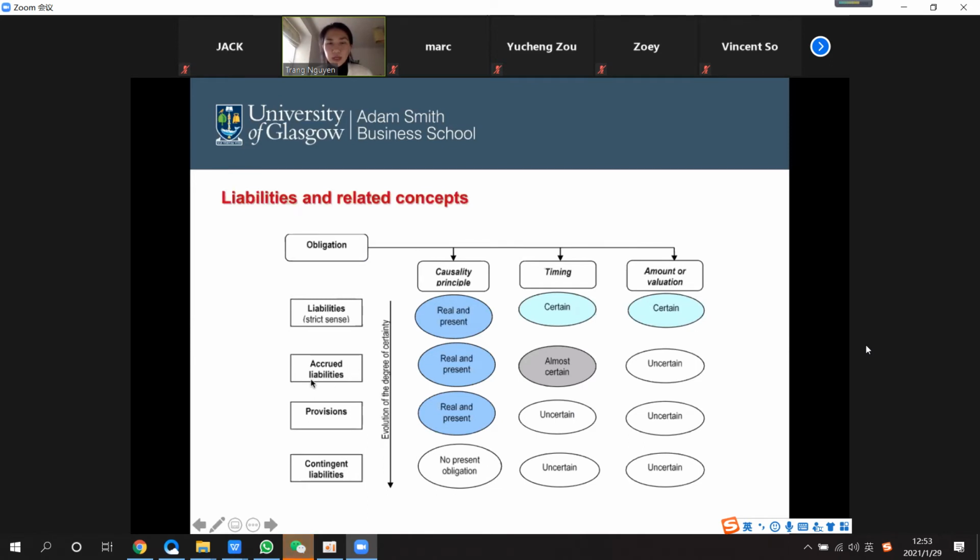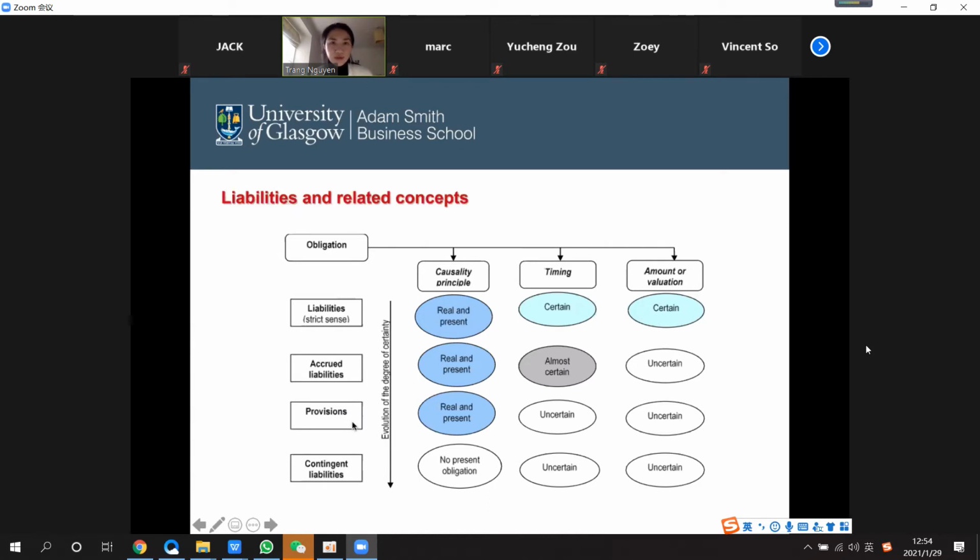But accrued liabilities are, at the moment, subject to a present obligation but almost certain. The timing is almost certain because we know it has happened, but we can't conclude how much we need to pay for a certain service, because they may say you need to pay more. So it's almost certain about timing, but uncertain about the amount.